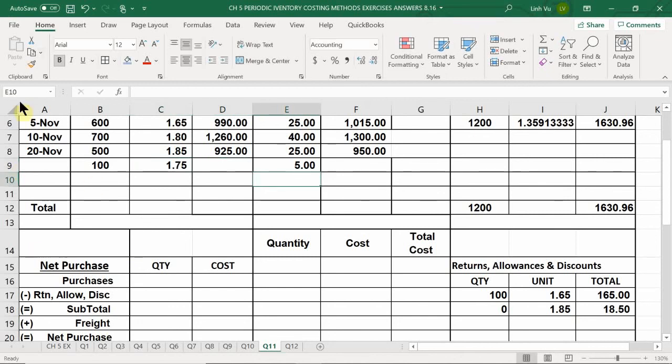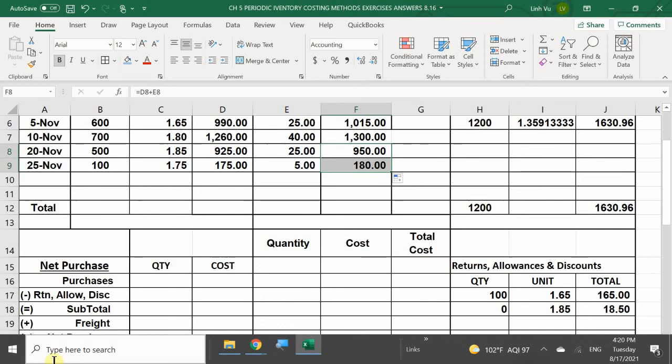So this was on November 25th. So in this case, what's my total purchase price? $175 plus 5.